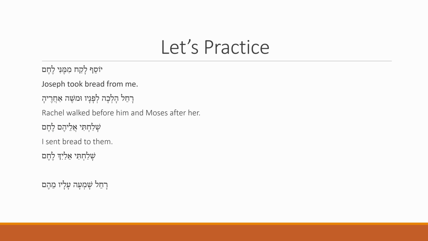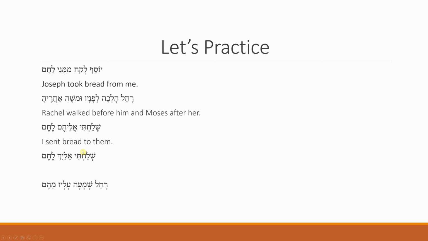All right, now this next one's a little bit of a curveball. It's similar to the last sentence, but it contains one interesting change. Shalachti, so far, so good. Elayich lechem. Shalachti elayich lechem.